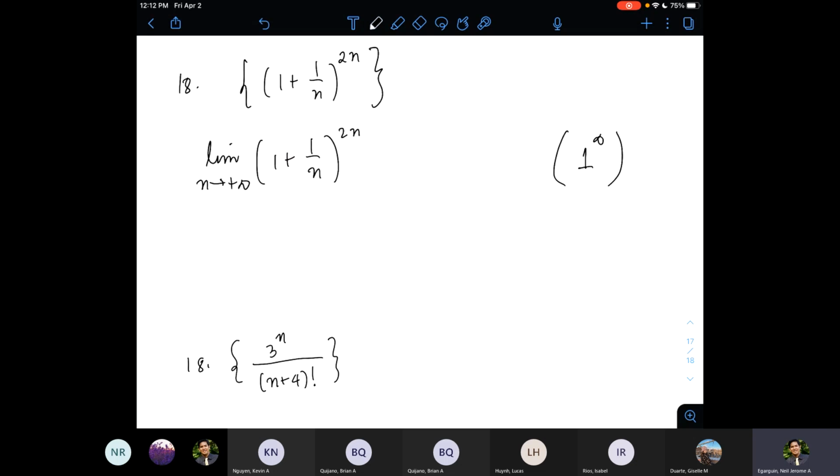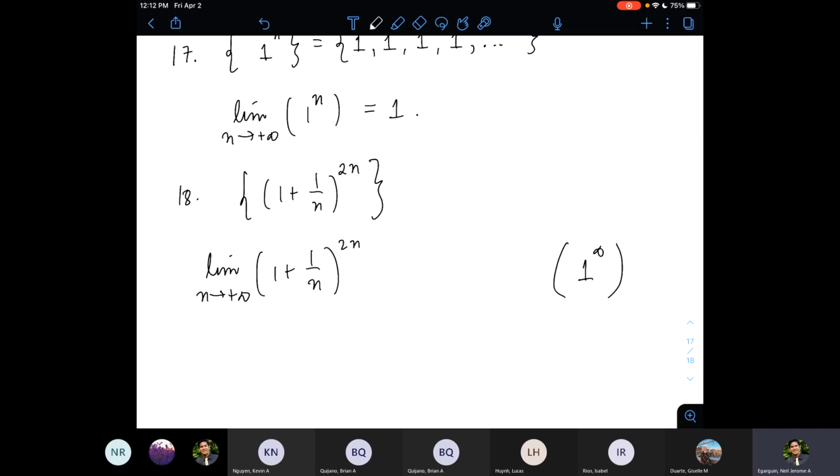So you have 1 raised to infinity, okay? If you remember your topics from Cal 1, you'll say, okay, this is an indeterminate form, 1 raised to infinity.